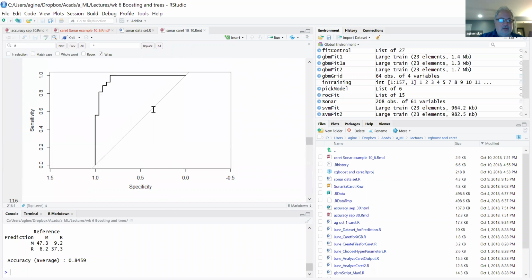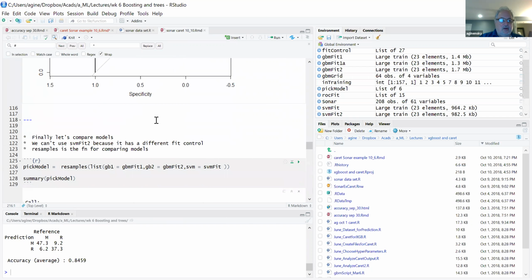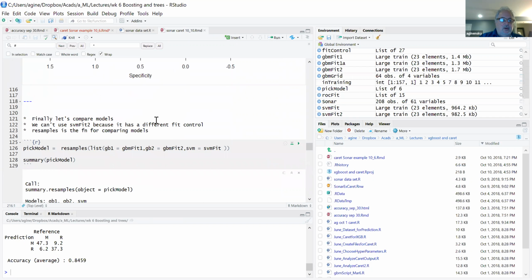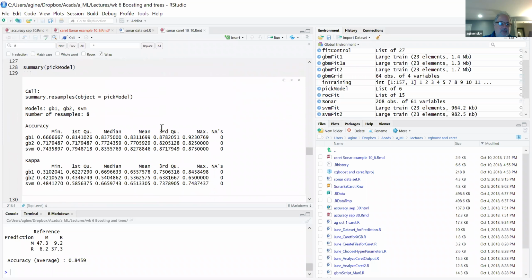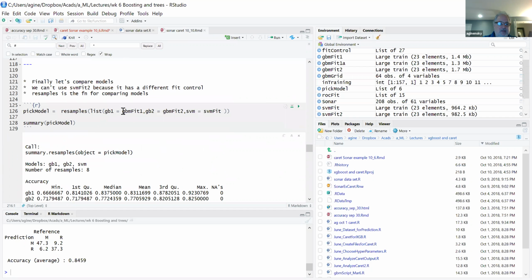So you can see it works pretty well, but the data isn't that hard. And finally, if you want to compare models, the key function is called resamples, and you just give it a bunch of models, and it gives you information about all of them. So I had 3 models, GBM fit 1, GBM fit 2, and SVM.